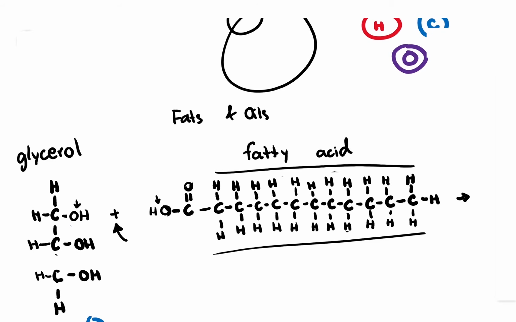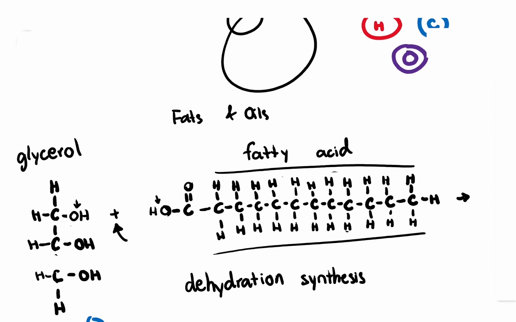So now that you're back, I hope you remember from our first lesson about carbohydrates when I was talking about dehydration synthesis. Now, dehydration synthesis is a process where you have 2 hydroxyl groups which combine to create water and leave 1 oxygen behind as the link between the 2 structures.